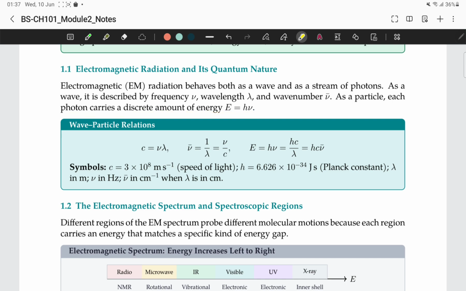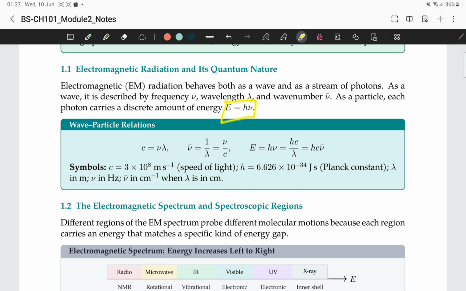So when the wave nature is there, we talk about frequency, wavelength and wave number. But when it comes to particle, we say that light travels as a stream of packets called photons, where each photon carries a specific packet of energy given by Planck's equation, E equals h nu.